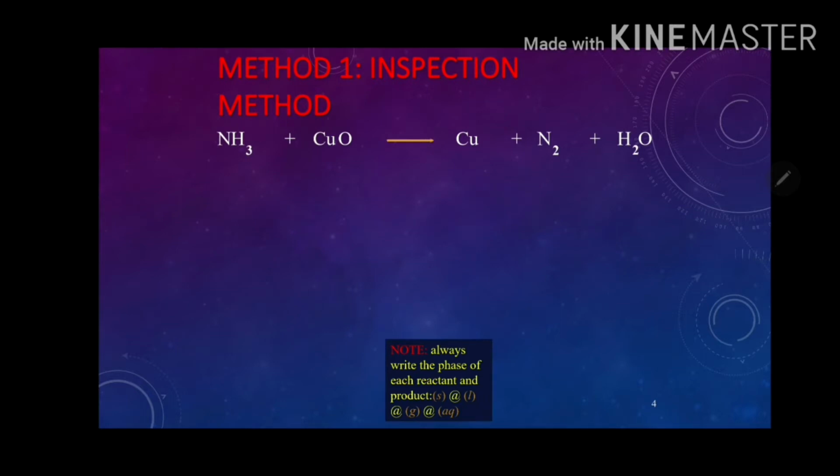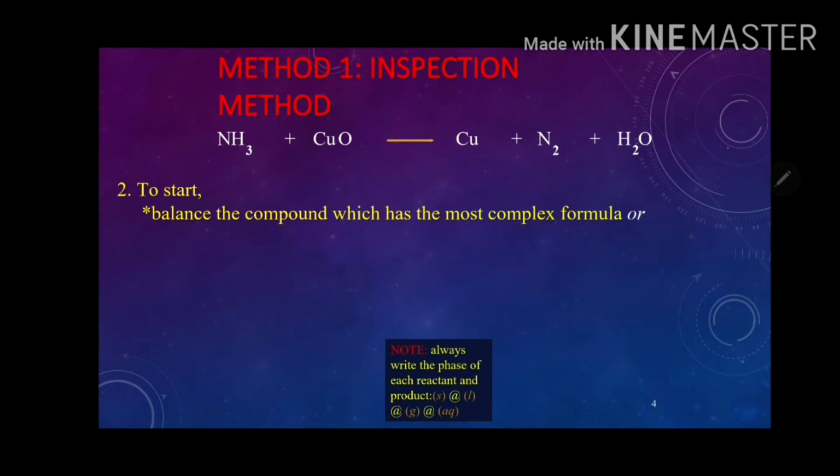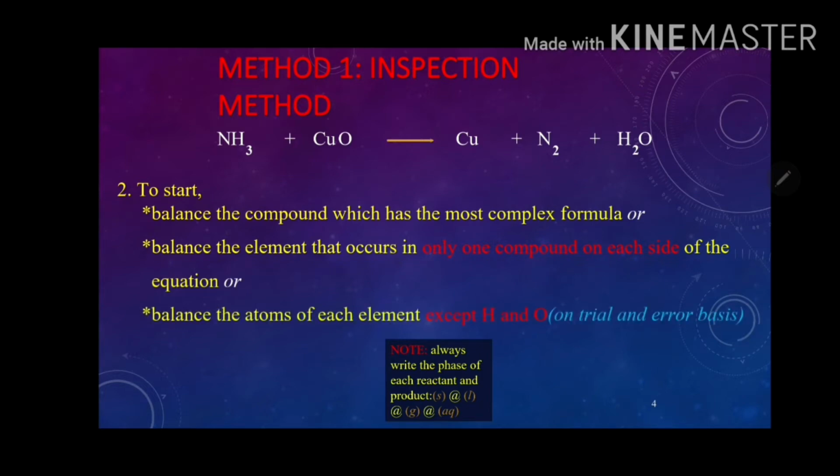Next is to start, balance the compound which has the most complex formula, or balance the element that occurs in only one compound on each side of the equation, or balance the atoms of each element except hydrogen and oxygen.